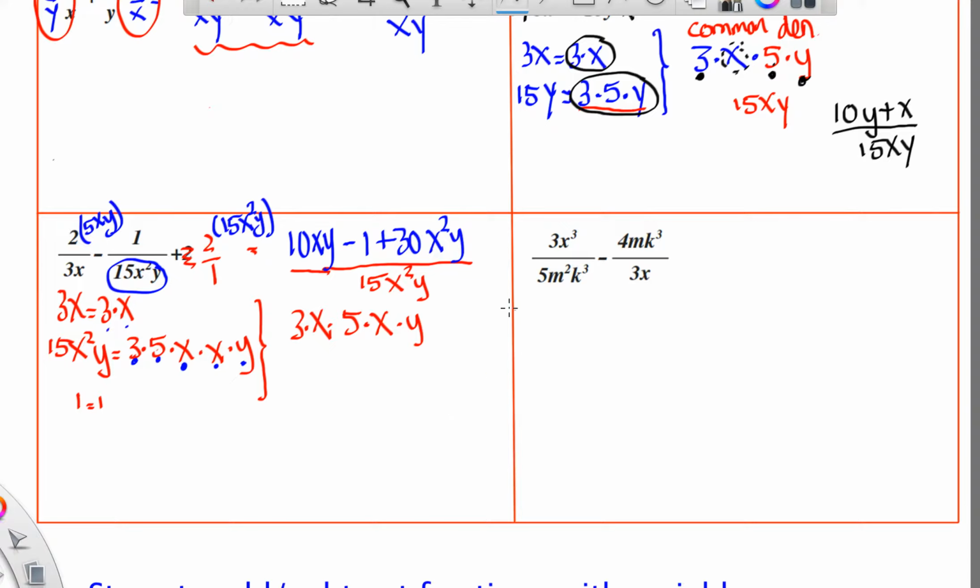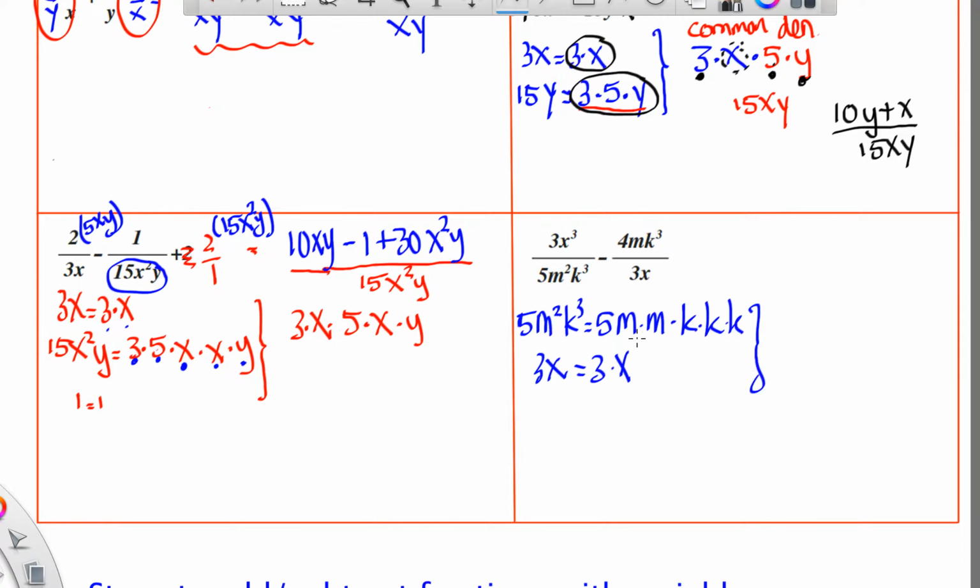And then hopefully it's starting to make sense a little bit. All right, one more. And I'll tell you here in a second exactly why I put this one in here. So 5m squared k cubed. Right, so I don't need a 5, I need an m, I need another m, and I need k 3 times. For 3x, I need a 3 and I need an x. So what's the common denominator?